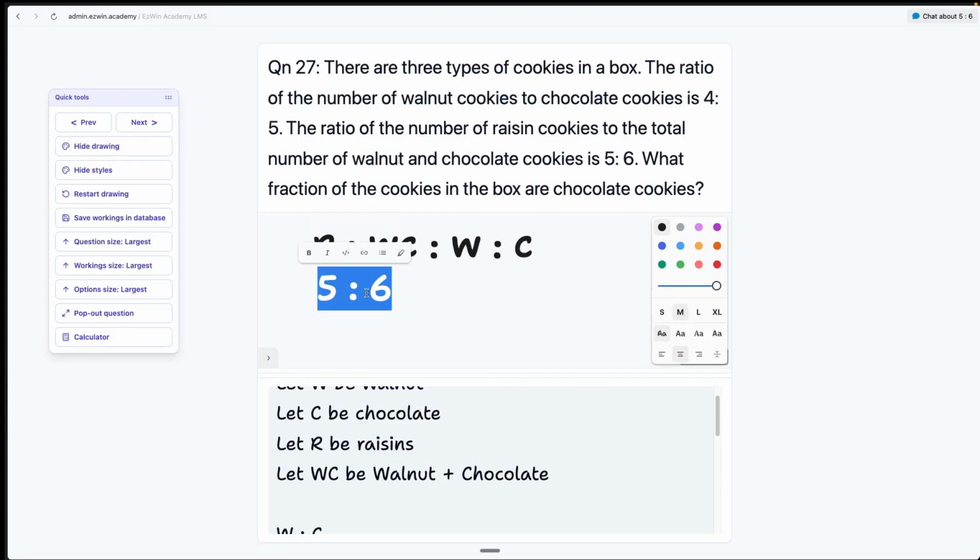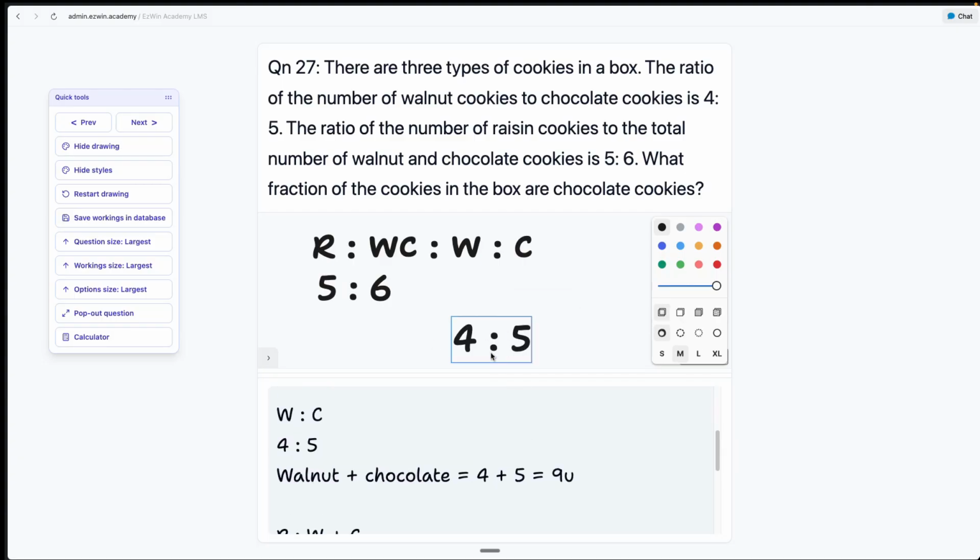And then walnut and chocolate is 4 to 5. And at the same time, we also know that the total is 9 units. So I'm going to put here 9 is to 4 is to 5. That's what I see over here. I'm just going to make this space a bit bigger. All right, that's what you see over here.